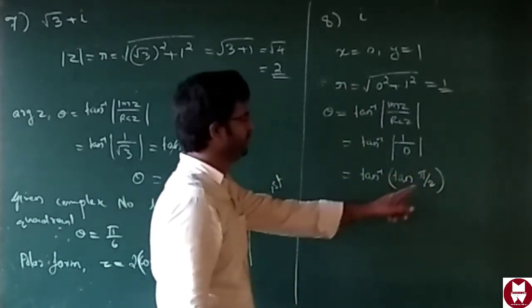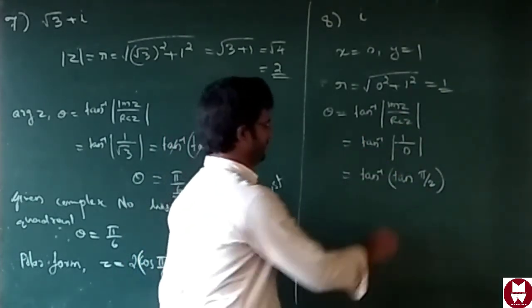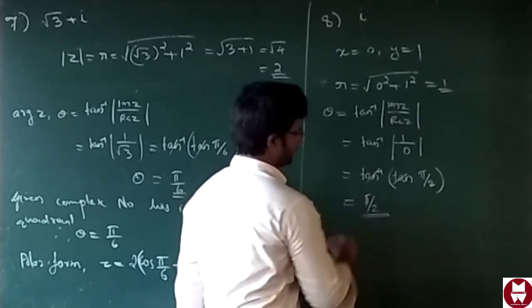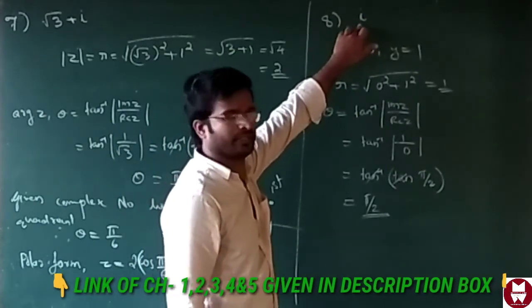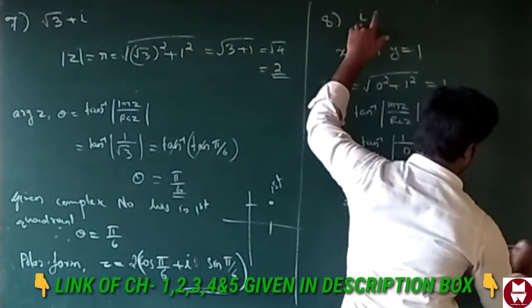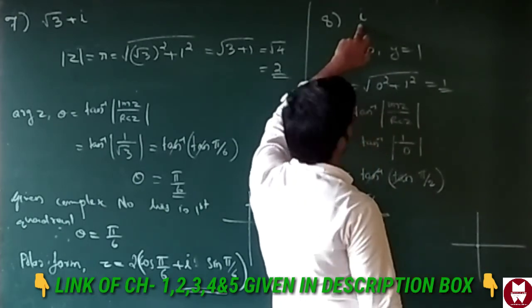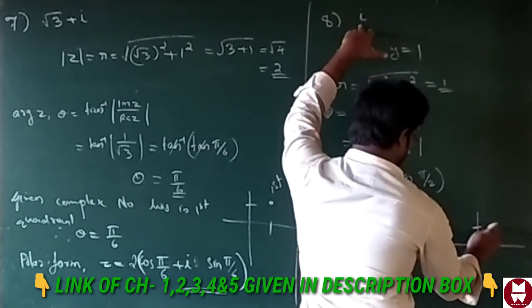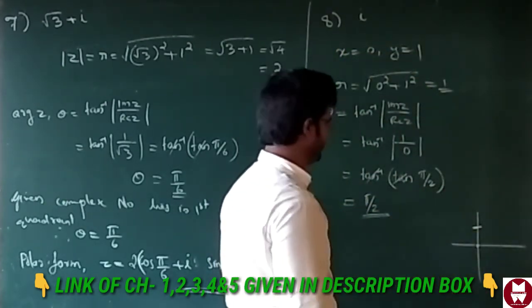In tan pi by 2, the value is not defined, isn't it? Then we can write pi by 2. Then which quadrant? But it is on the line only. The x value is 0, the y value is positive on this line, isn't it? You can consider the first quadrant, otherwise the second quadrant, any quadrant.